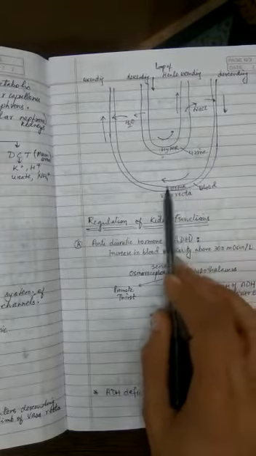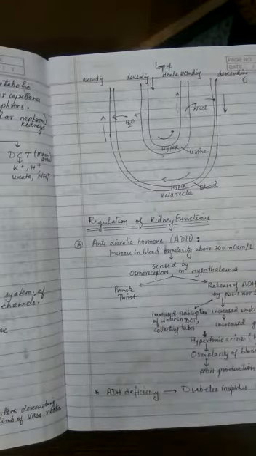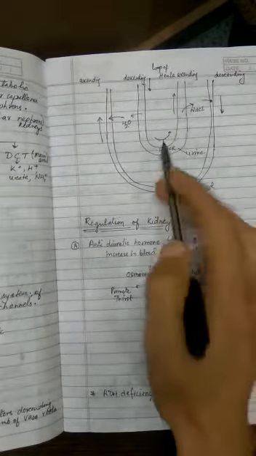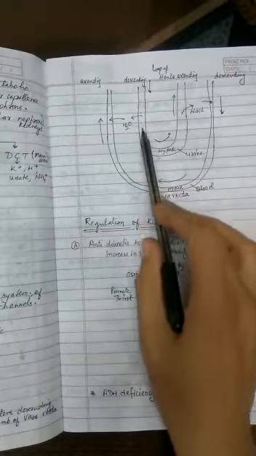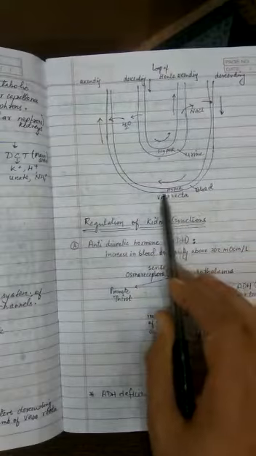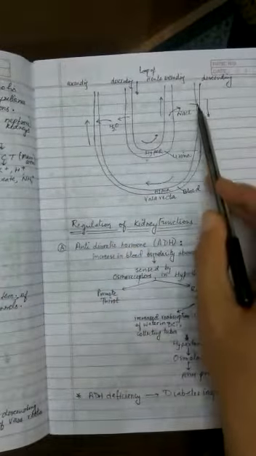This causes the blood to become hypertonic in the middle portion or the inner portion of the medulla. This concept is called the countercurrent mechanism. So you can see here the fluid moves down and up again, and it goes down in the blood vessels and then goes up again. So here is the movement of filtrate and here is the movement of the blood.